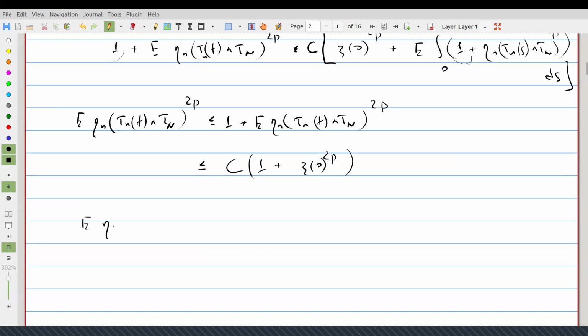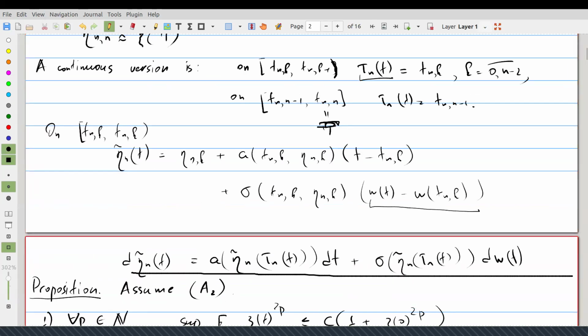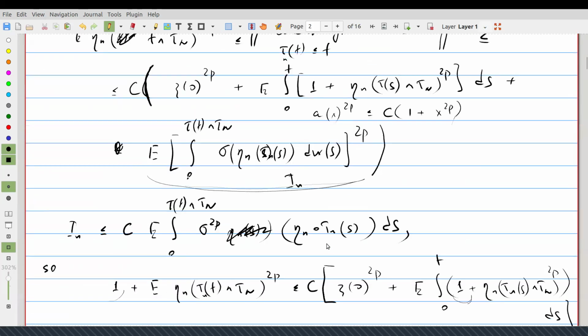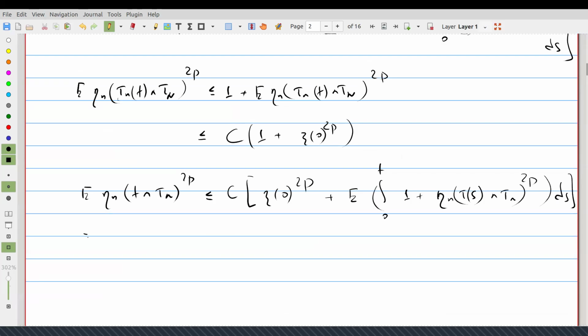Now, just t to the power p, because we have this representation as a stochastic differential, as a sum of two different integrals, including one stochastic integral, is less than, using exactly the same tau that we just used, we obtain something like this. 1 plus, which immediately gives us this estimate with a new constant.